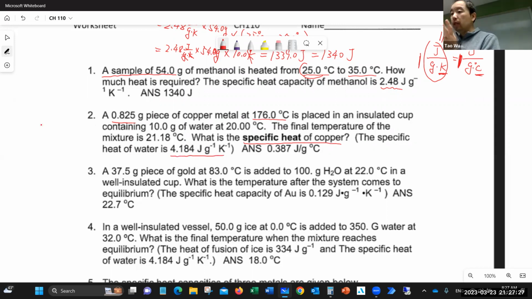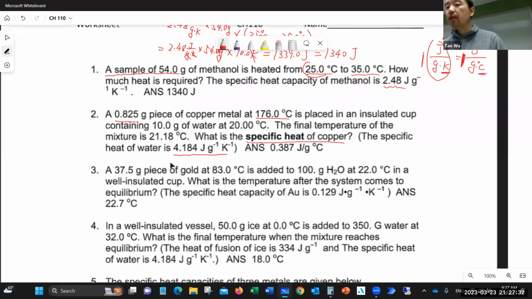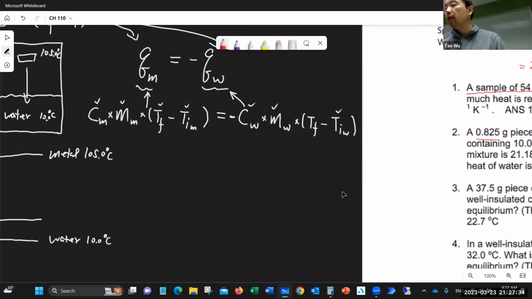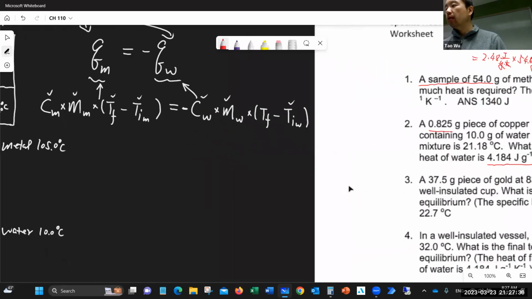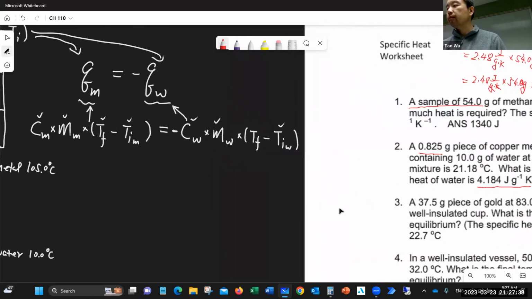Once again, let's look at this equation and see what we have. For this kind of problem, it's better to list what we have. The mass of the metal we know, 0.825 gram.